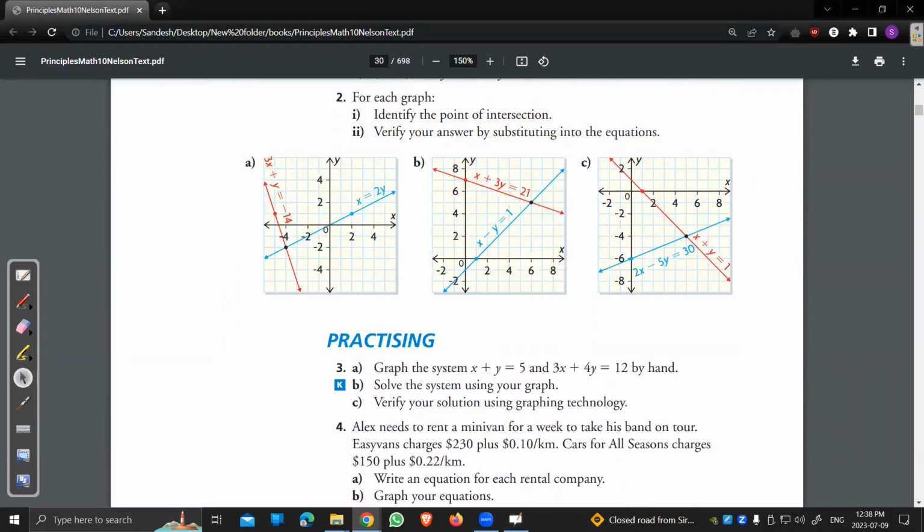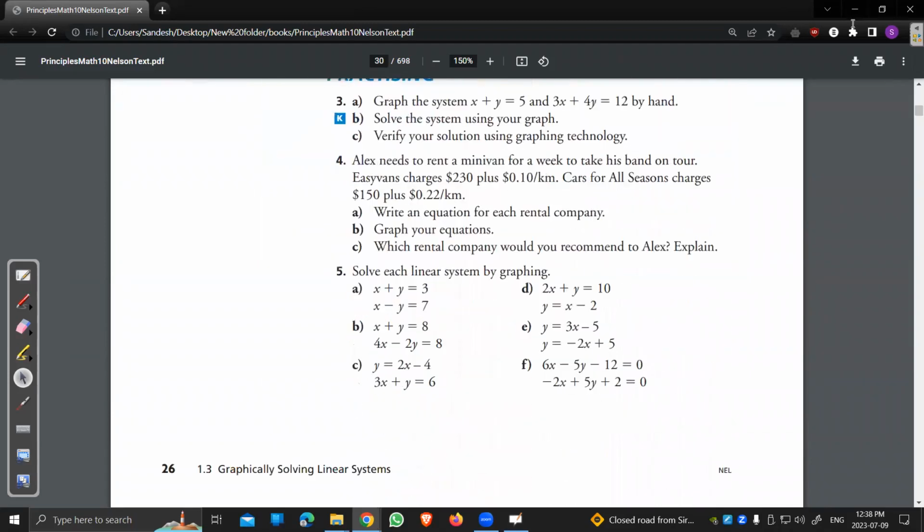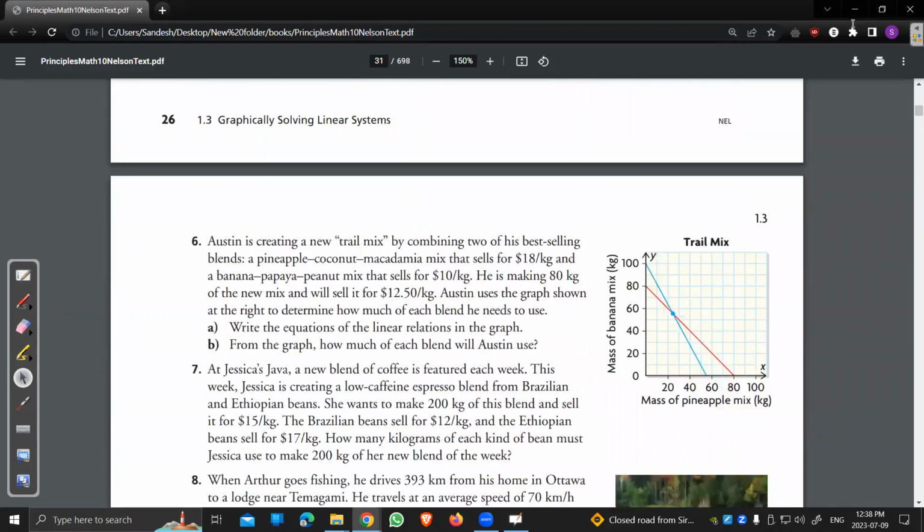For this one, the y-intercept is 5, set x as 0, and the x-intercept is also 5. For this one, the y-intercept is 3. Set 3x as 0, for y equals 12, y equals 3, that's the y-intercept. For the x-intercept, set y as 0. The x-intercept would be 4. You just graph it, and you're going to find the POI.